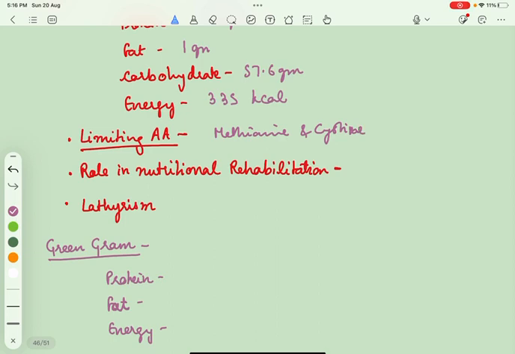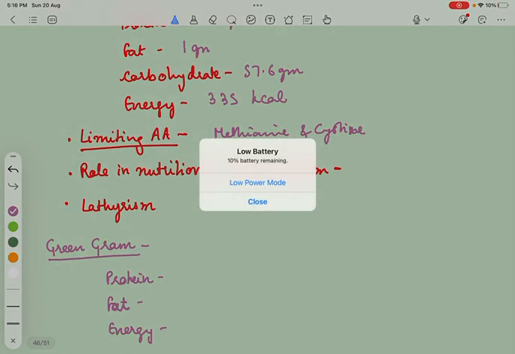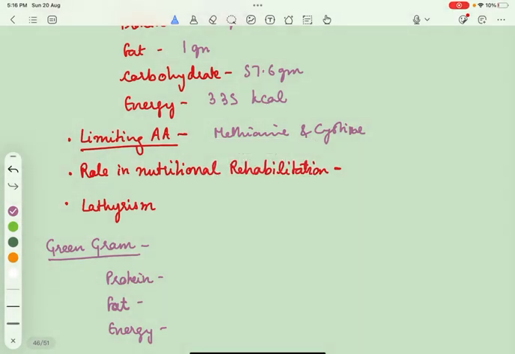And what is its role in nutritional rehabilitation? The multi-purpose food used in national nutrition programs is prepared by mixing 75% groundnut flour and 25% roasted red gram flour.